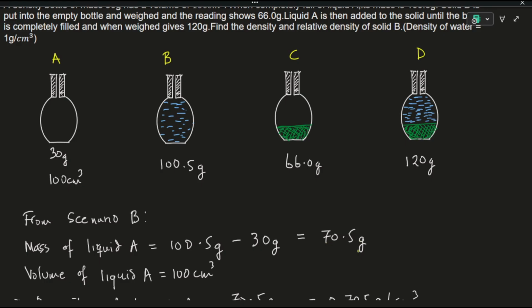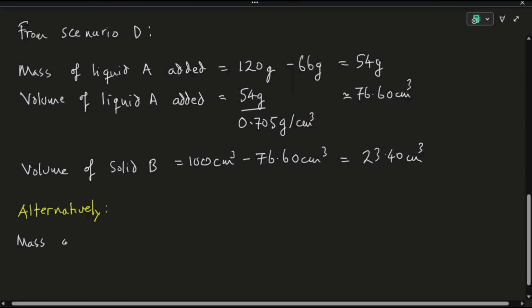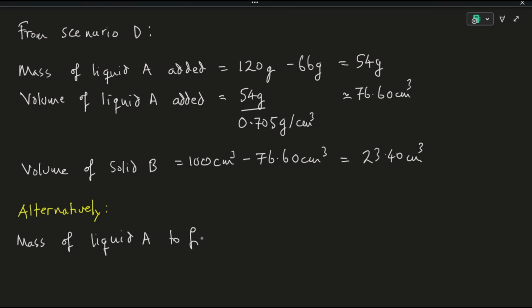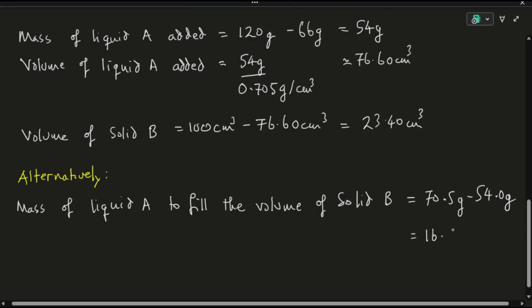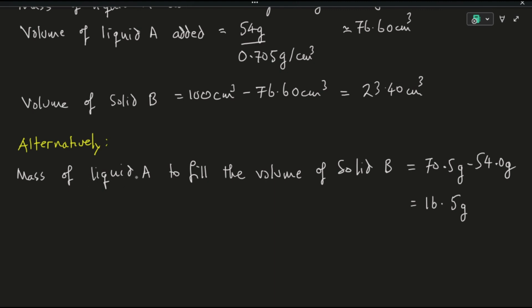Now, the difference between the 70.5 grams and the 54 grams that is added to fill the density bottle will be the mass of liquid A that would fill the volume occupied by solid B. So the mass of liquid A that will fill the volume of solid B will be given by 70.5 minus 54, so it means that the mass of liquid A that will fill the volume of solid B is 16.5 grams.